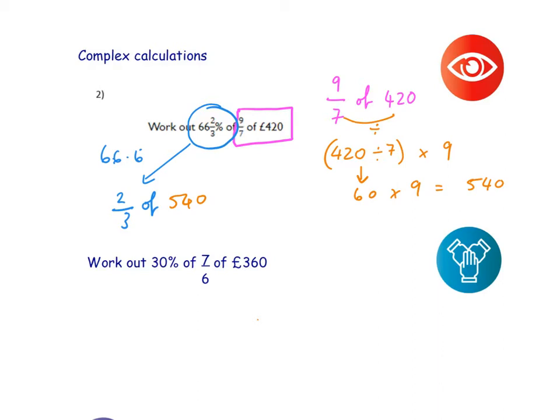So we're going to be doing the 540. We're going to divide that by the 3 and then times the answer by the 2. So that's going to give me 180. Times it by the 2 gives me 360. And remember the units from the question was pounds. So I just have to bring that back down from that.